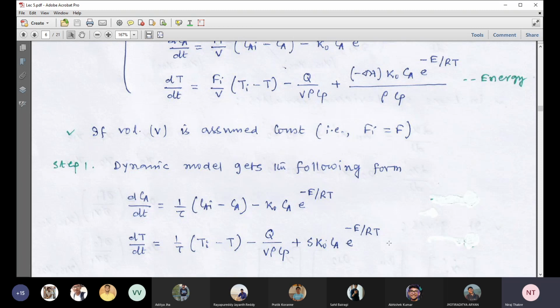So what is tau here? Student, anyone? What is tau? Sir, V by Fi. V by Fi, and that is called what?